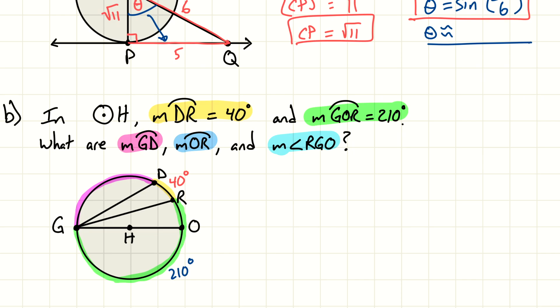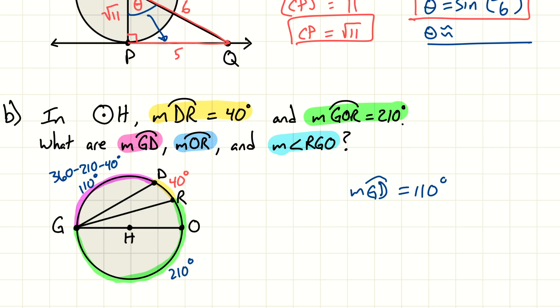So this is going to be 360 minus the 210 and minus the 40 degrees. So that would be 110 degrees. All right, so we figured out that one. So measurement of arc GD is equal to 110 degrees.